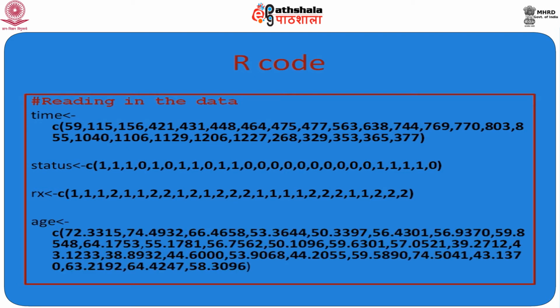And the age of these patients is considered, like 72.33 years: when the first patient entered, his age was 72.33. When the second patient entered the study, his age was 74.49 years. Like that, all patients' ages are assigned to the variable named age.